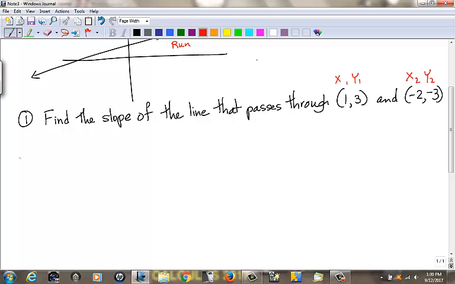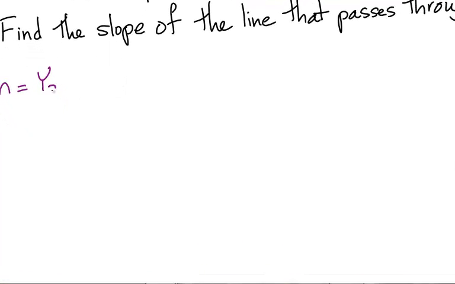And you guys know, if I can do one thing for you, it's to get you to write a formula down, substitute in, simplify. So write the formula down. m equals, and it's always the rise on top. So the y's are on top, and it's in that order, y sub 2 minus y sub 1 over x sub 2 minus x sub 1. And now you just fill into the formula.